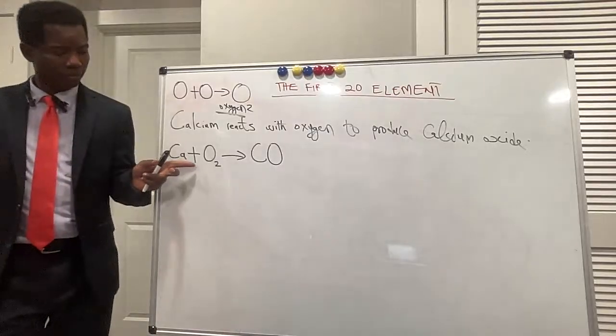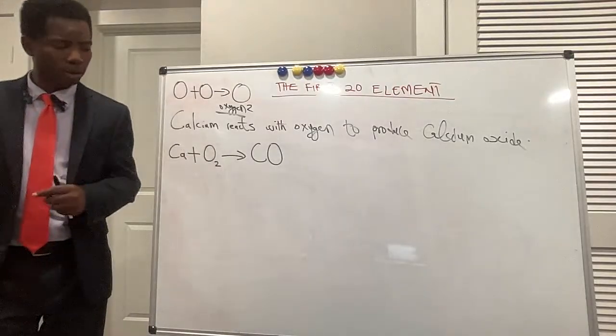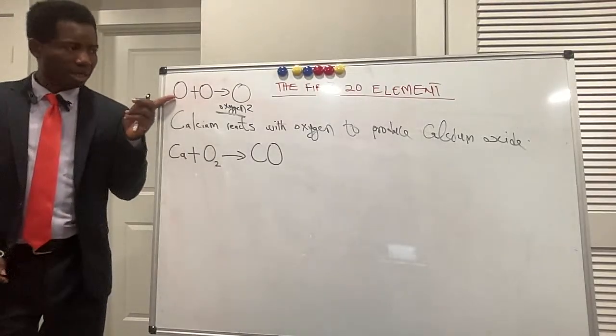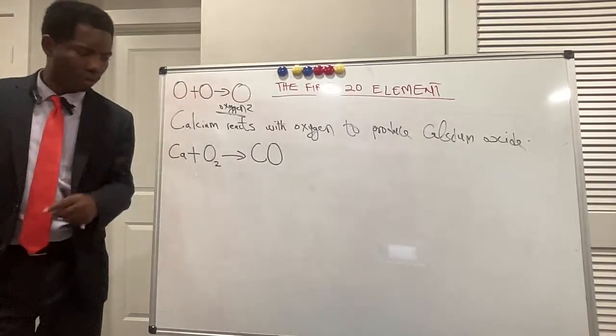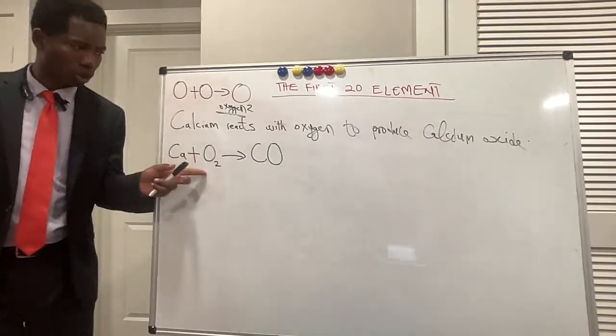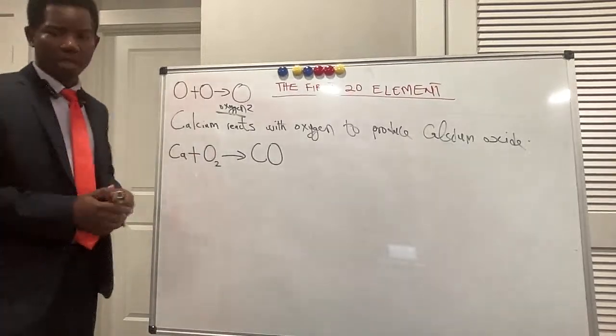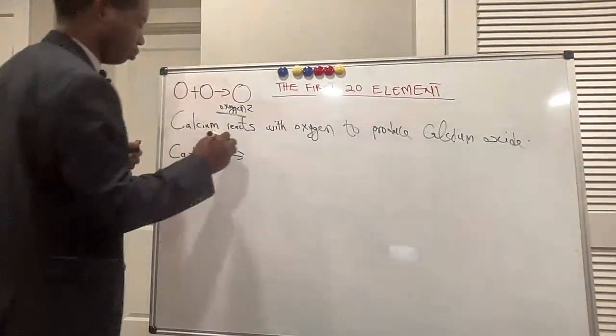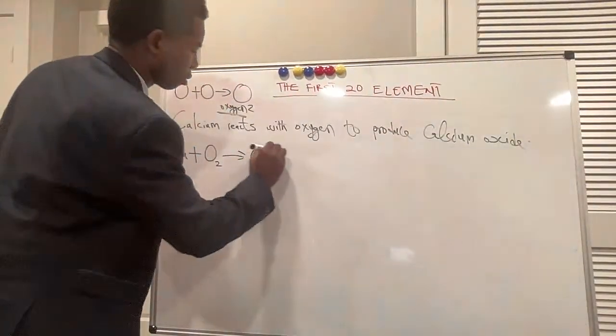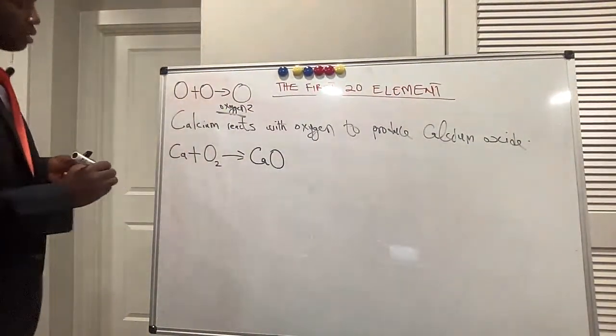We have a covalent bond, because this oxygen is non-metal and this is non-metal. So when calcium reacts with oxygen, it gives calcium oxide. Let's balance the reaction.